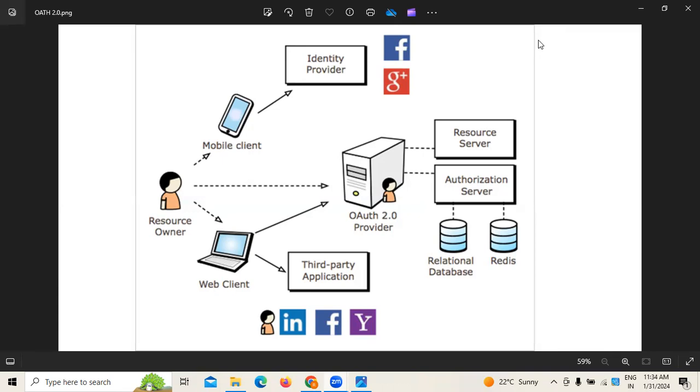But usually all the services contain different resources that are essentially required, and these resources have to be included in the implementation of the OAuth 2.0 framework.